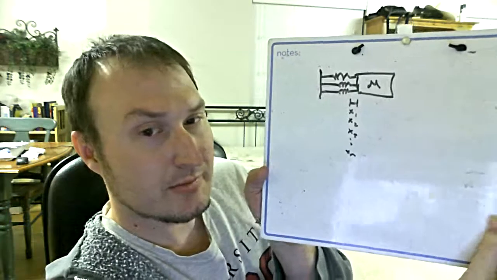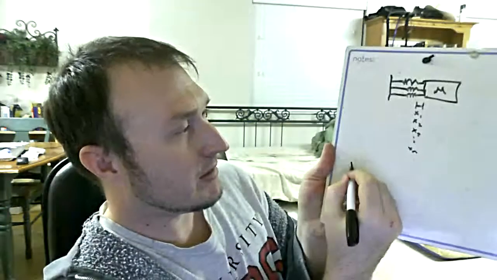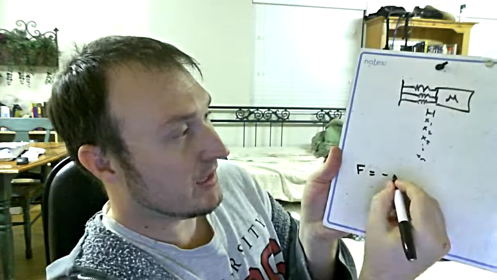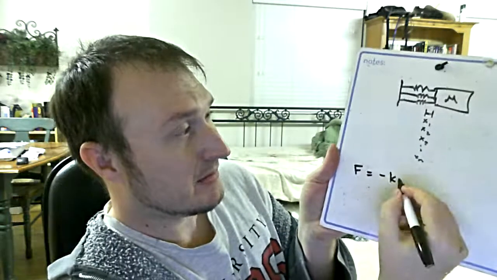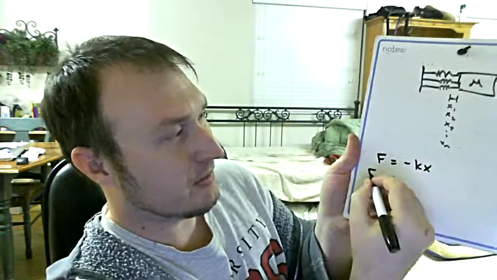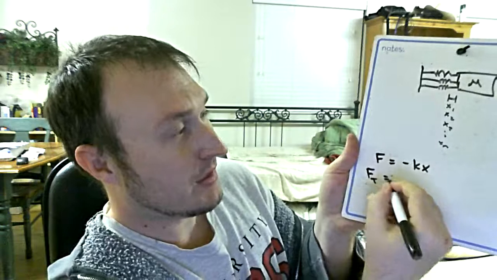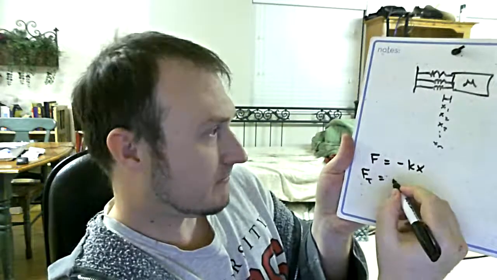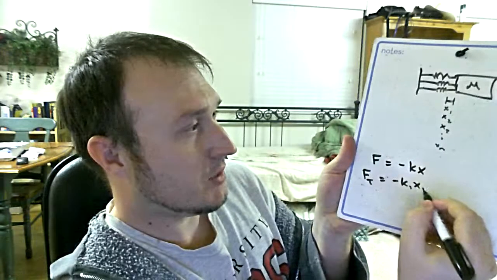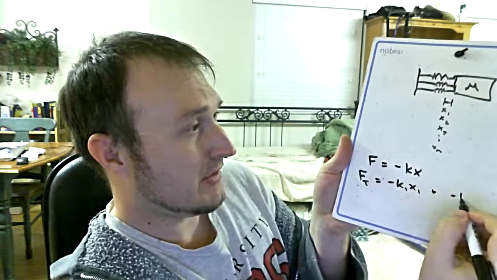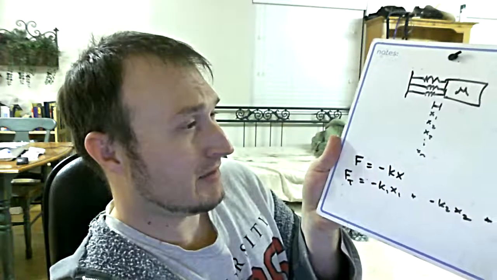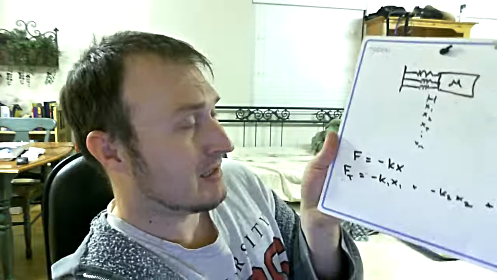So the restorative force by any one of those is going to equal negative kx, and the force total is going to equal negative k1 x1 plus negative k2 x2 dot dot dot negative k n x sub n.